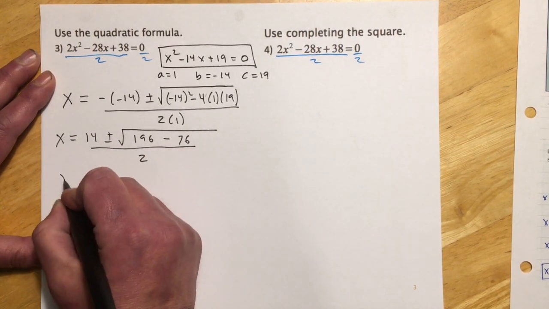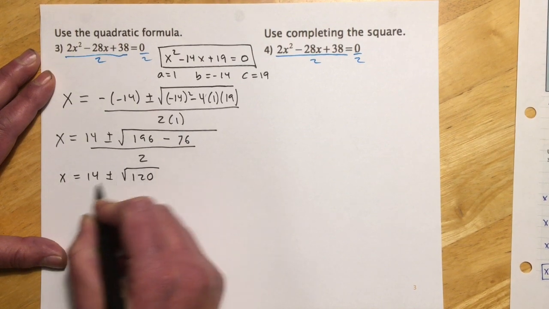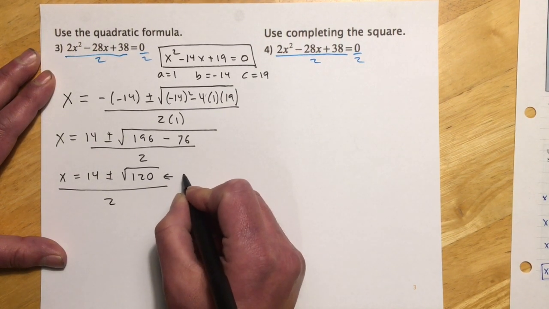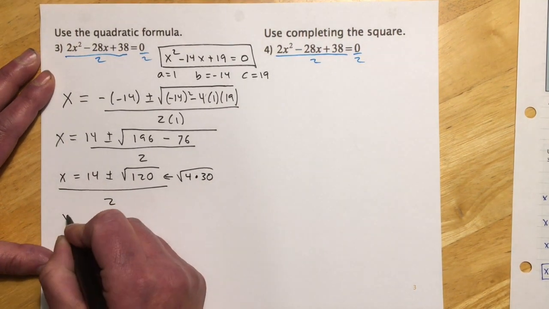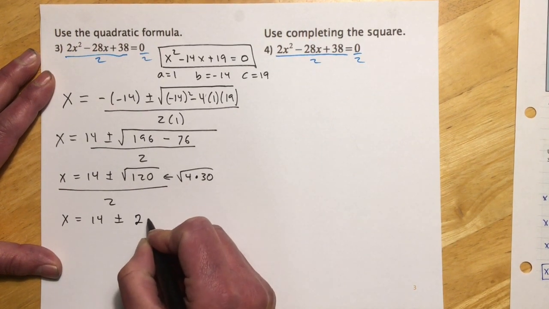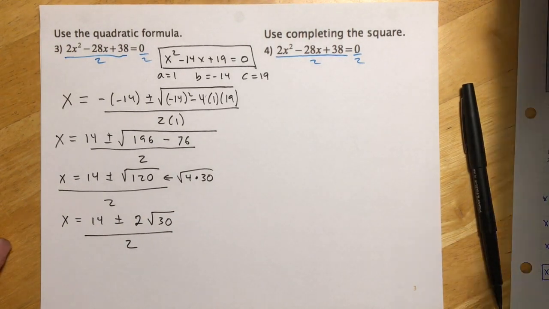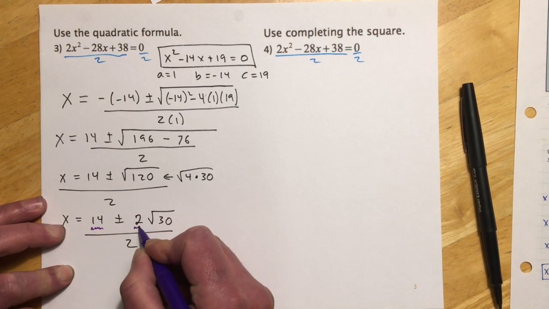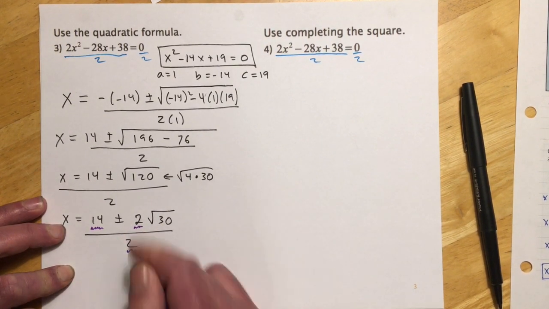And then cleaning that up, I get x equals 14 plus or minus root 120 over 2. For the sake of space, I'm going to be sloppy over here and say that 120 is 4 times 30. And so coming down here, this is going to be 14 plus or minus, I can take out the 4 as a 2, root 30 over 2. And then the last thing is, if you look in these 3 spots right here, here, and here, so not under the radical, because that's not a real 30, that's a square root of 30, totally different game.